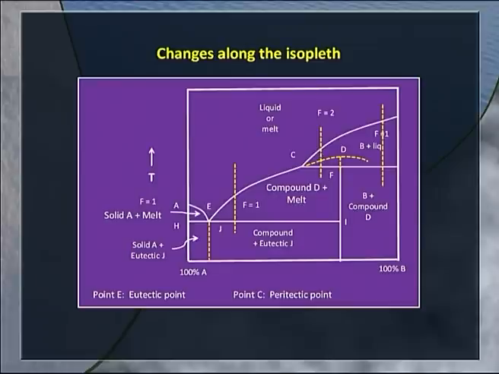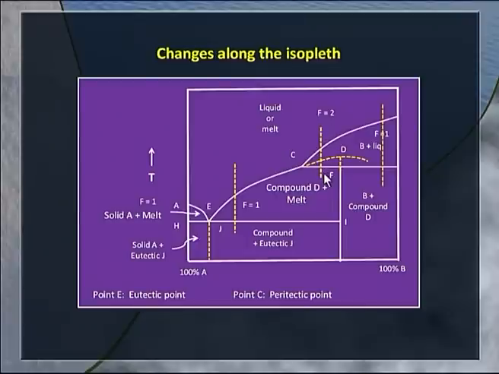We know that the solid that separates out is solid B, and then we still have 1 degree of freedom. You cool the system, the composition drifts in this direction, you reach the peritectic temperature, at which again you have a 3-phase equilibrium, where you have solid B plus melt plus the compound which has just made its appearance.